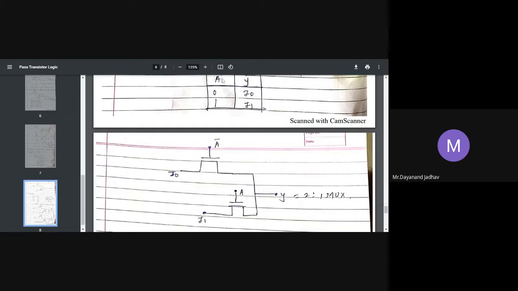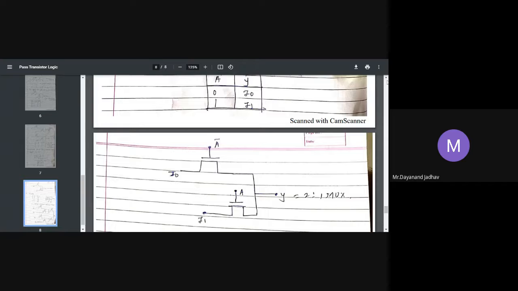For the second case, a equal to 1, y is equal to I1. How is it created? I1, a equal to 1, means a bar is 0, it acts as an open switch, therefore I1 does not pass to the output. For the second transistor, a equal to 1 means this is in the operating stage, this acts as a closed switch, therefore I1 is in the output, y equal to I1.